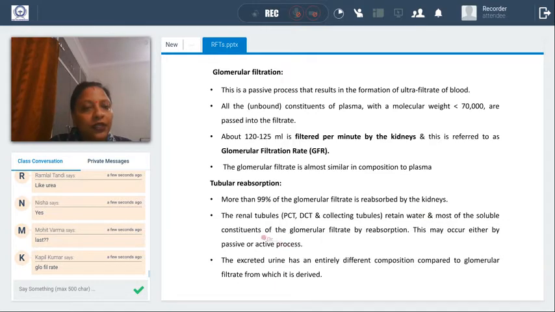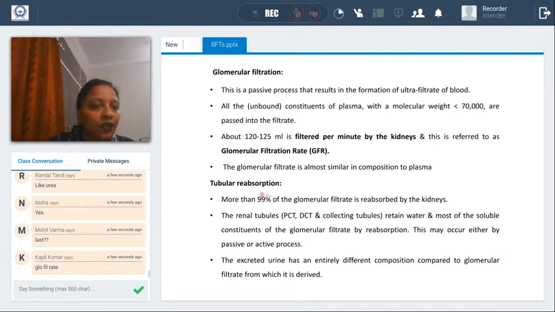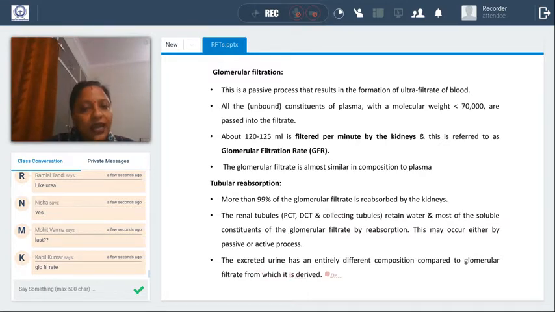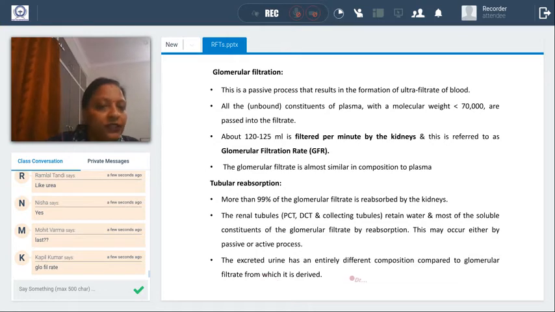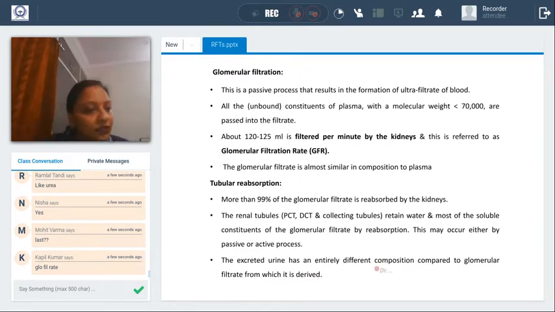The renal tubules, PCT, DCT, and collecting tubules retain water and most of the soluble constituents of the glomerular filtrate by reabsorption. This may occur by either a passive or active process. The excreted urine has an entirely different composition compared to the glomerular filtrate from which it is derived. Do you understand this sentence?